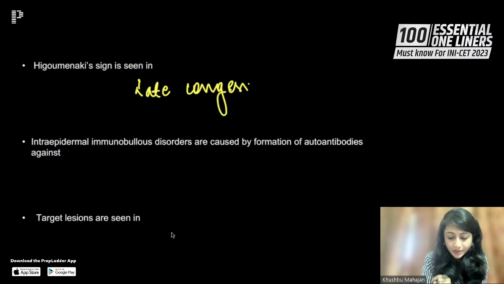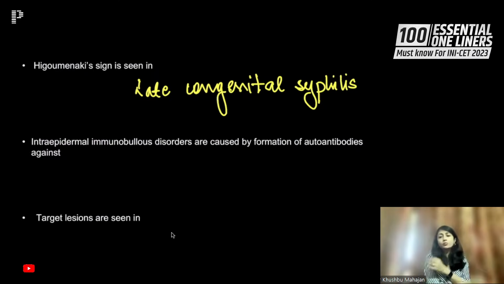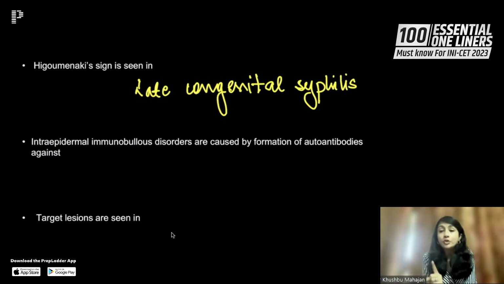So the complete answer would be late congenital syphilis. We all know late congenital syphilis has a lot of these changes, Higoumenakis sign and other signs, frontal bossing, right? So late congenital syphilis. What is Higoumenakis sign? The medial end of the clavicle is enlarged. Next question. Intraepidermal immunobullous disorders are caused by formation of autoantibodies against what?